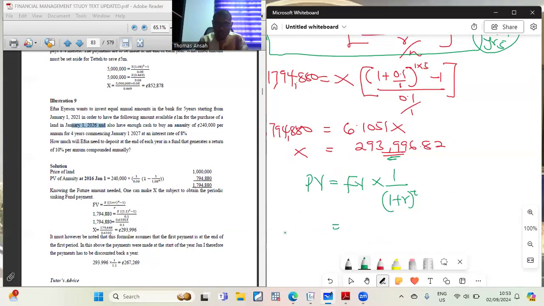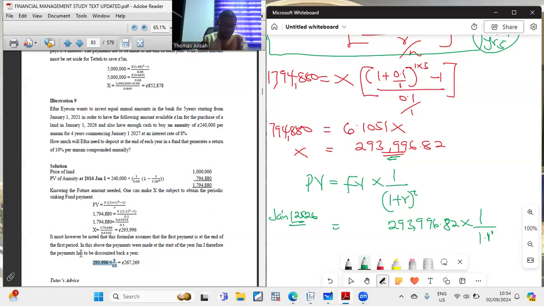So the future value as far as January 1, 2026 is concerned is 293,996.82 multiplied by 1 over 1.1 raised to the power 1, which is the discount factor for 10%.